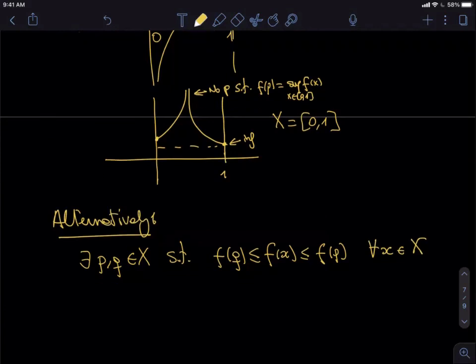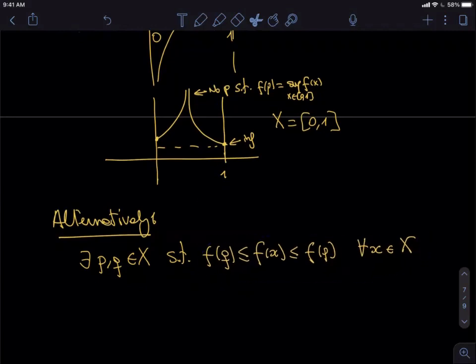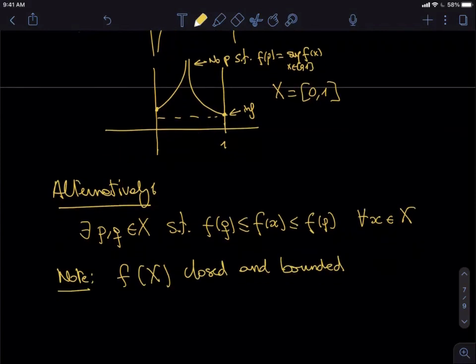And actually, the proof of the theorem we don't need to write, because the previous theorem says that f of X is closed and bounded, and we already saw in chapter 2 that then it must contain a supremum and infimum.